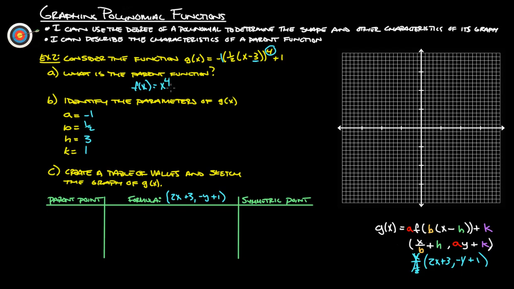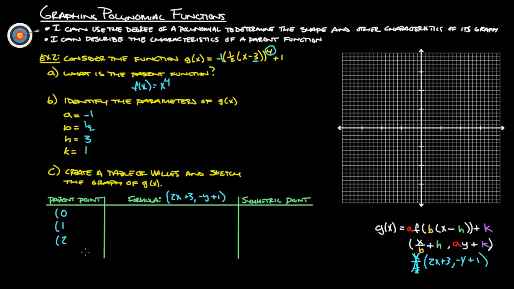So parent points of x to the 4th. So let's come up with some pretty easy ones here. We know that it's even, so it looks like kind of a U with a kind of a flat bottom almost. So let's do 0, and let's do 1, and then let's do 2.